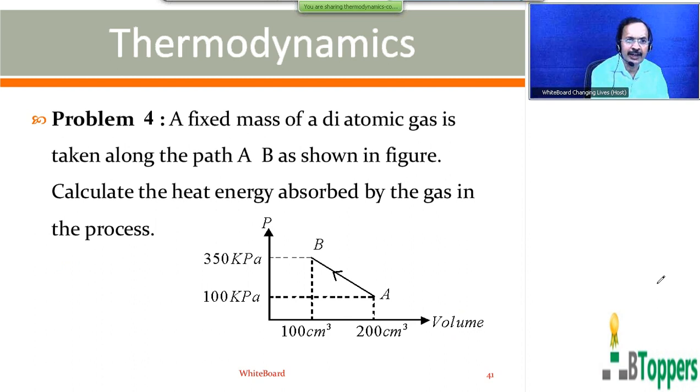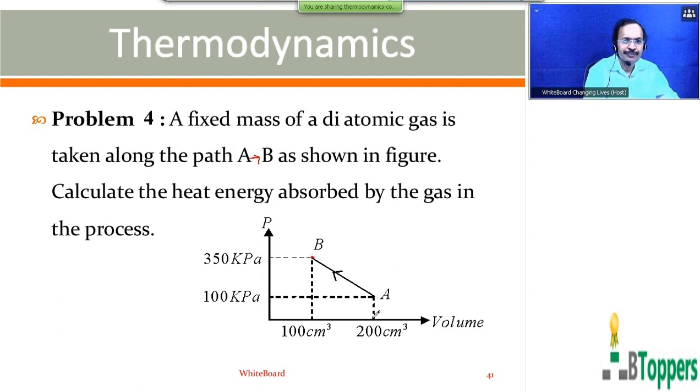A fixed mass of a diatomic gas is taken along the path AB as shown in the figure. Calculate the heat energy absorbed by the gas in the process. Here also you can observe that the volume of the gas is decreasing as the system passes from state A to state B. Volume at B is less than volume at A. So when the volume of a fixed mass of gas decreases, the work done by the gas will be negative.